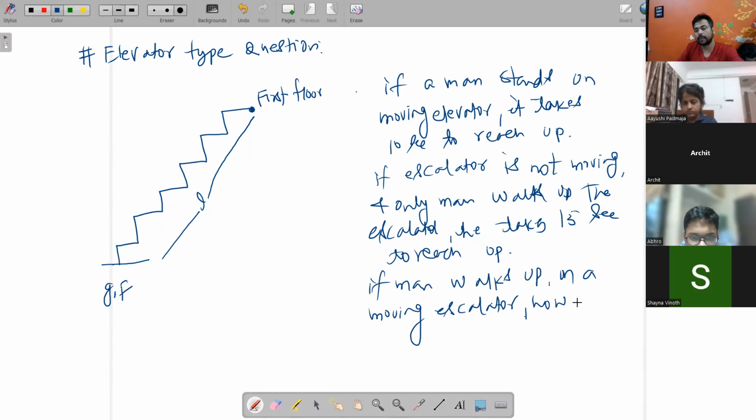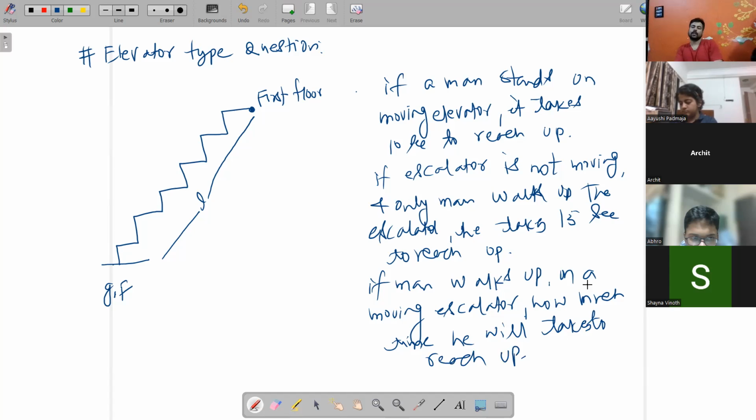In this case, the man is also moving and the escalator is also moving. We have to find how much time he will take to reach up.